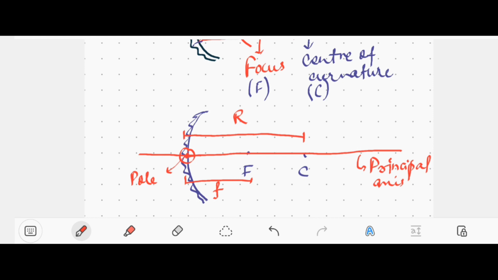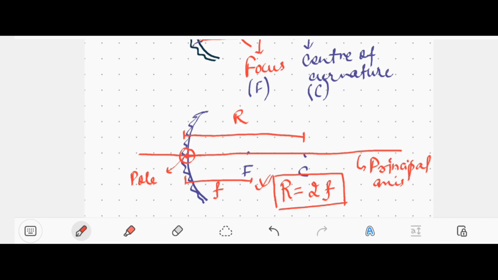One more fact is that, when we do the calculations, we get that the radius of curvature is always 2 times the focal length of the spherical mirror. In this case we have considered the concave mirror, but these terms are similar for the convex mirror as well. You might ask how we can say that R, the radius of curvature, equals twice the focal length.